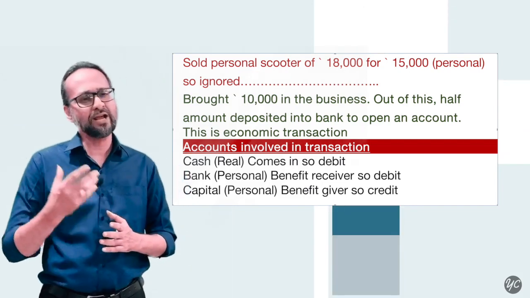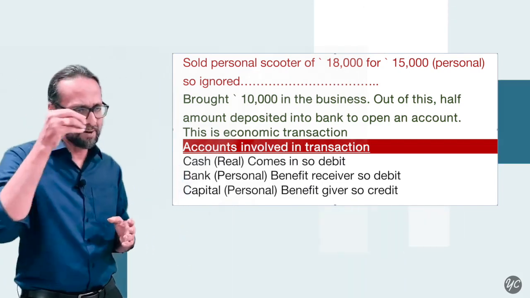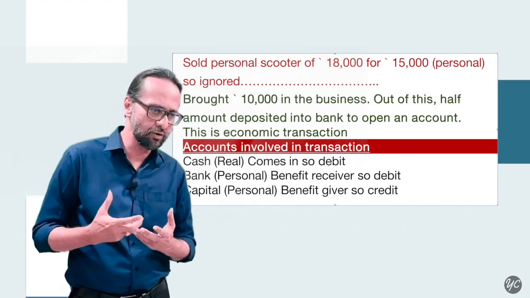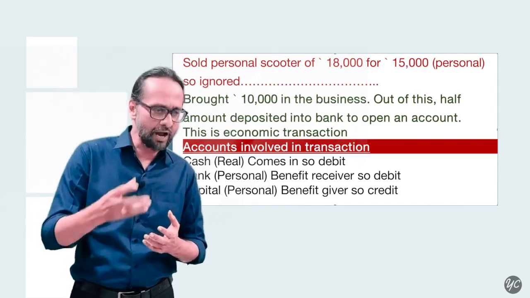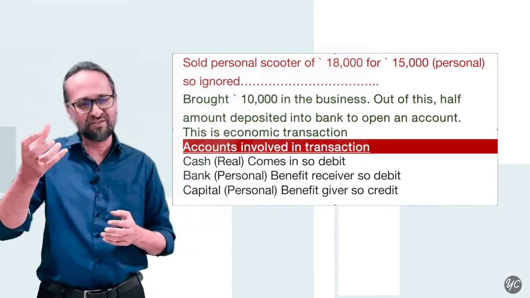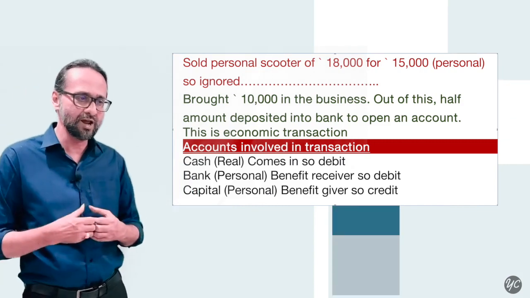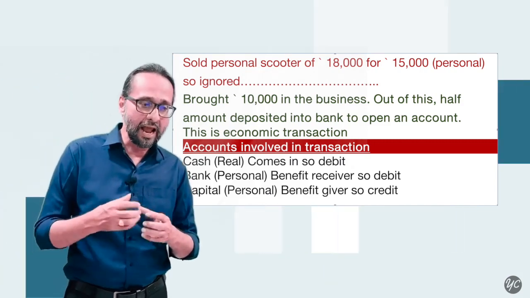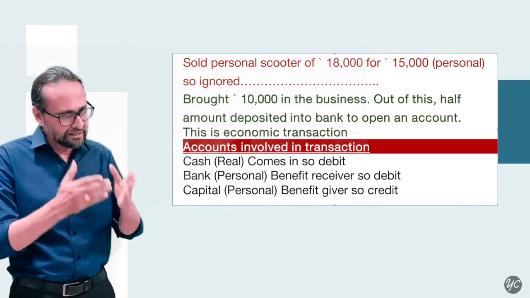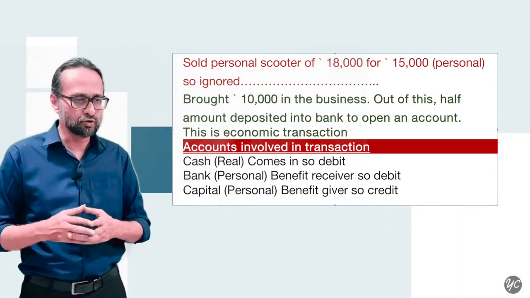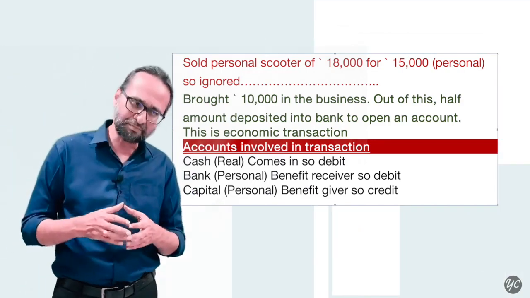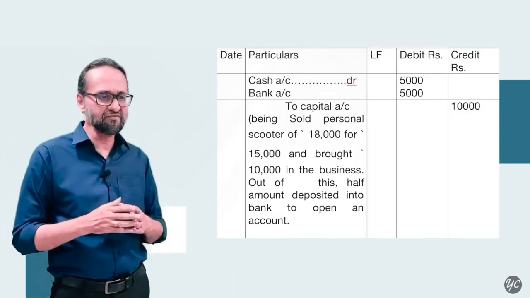Number 2, bank. Bank is a personal account, because we deposit the amount in a bank. So the bank account is also debited because the bank is the benefit receiving end, as per the rule. And capital: 10,000 rupees capital given to the business, so it is the benefit giver. So the capital account is credited. So now what is the entry? Cash account debited 5,000.